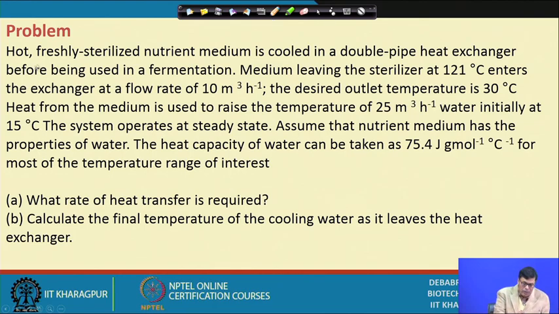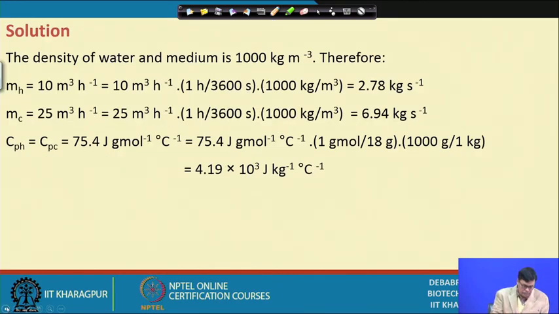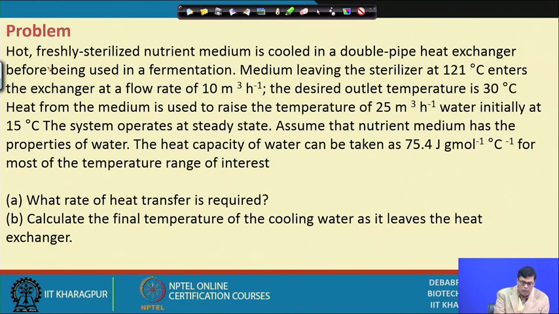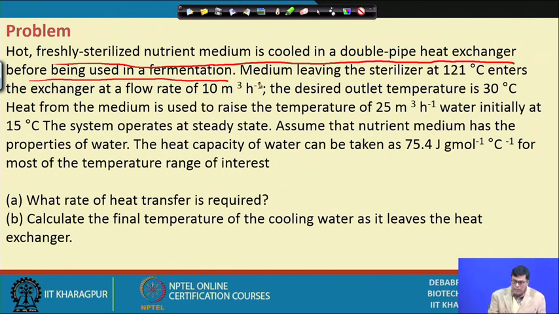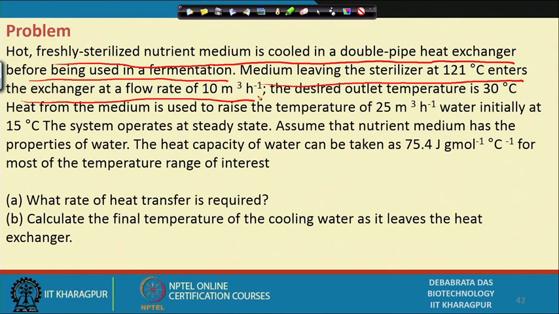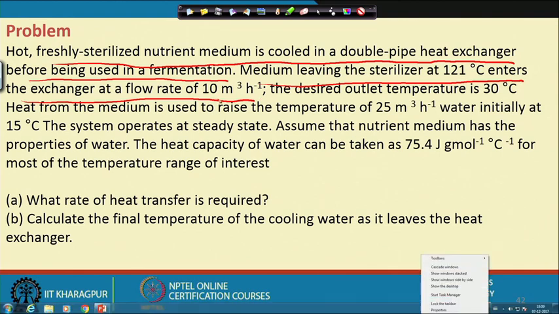Now, what the problem says is that hot, freshly sterilized nutrient media is cooled in a double pipe heat exchanger before being used in the fermenter. The media leaves the sterilizer at 121 degrees centigrade, the usual normal sterilization temperature, and the flow rate is 10 cubic meters per hour.